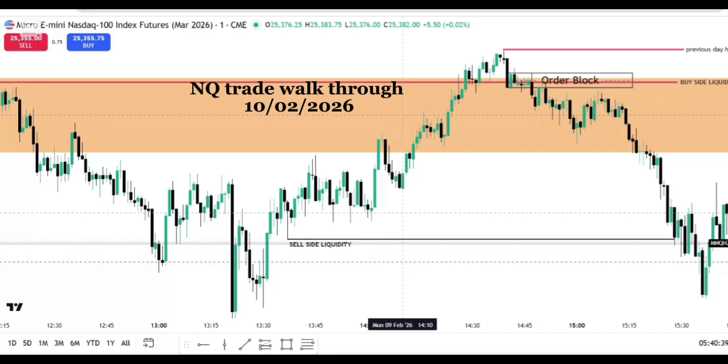Then show me some sign of displacement and look for a fair value gap. Then take the trade to the opposite side, which is the buy side liquidity. That would be my target. So that's my perspective whenever I'm trading the New York PM session.